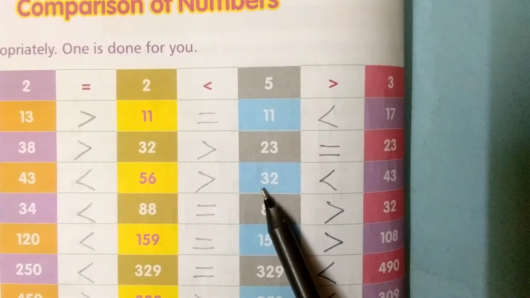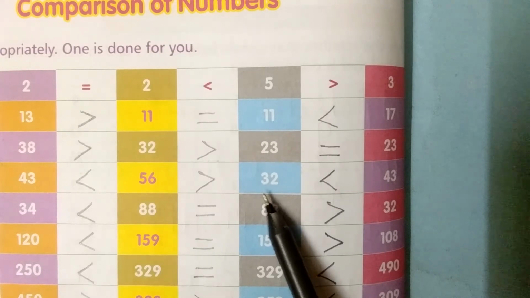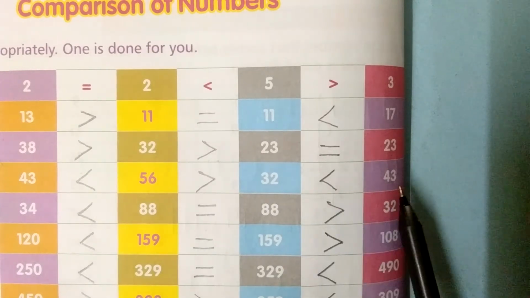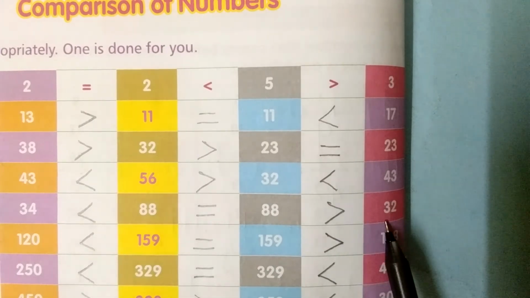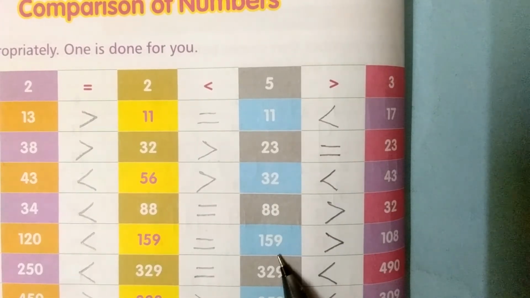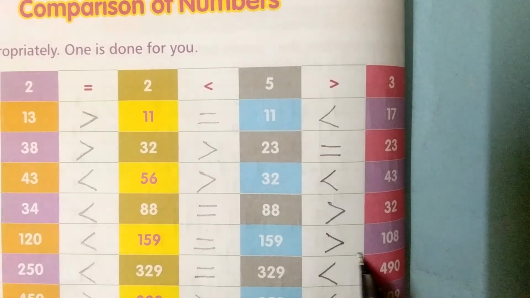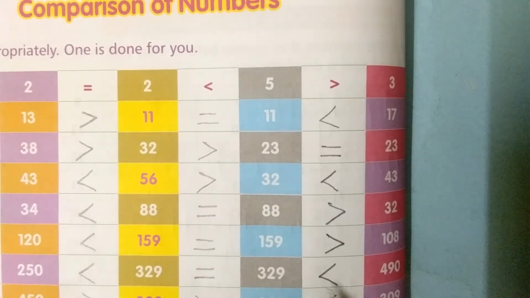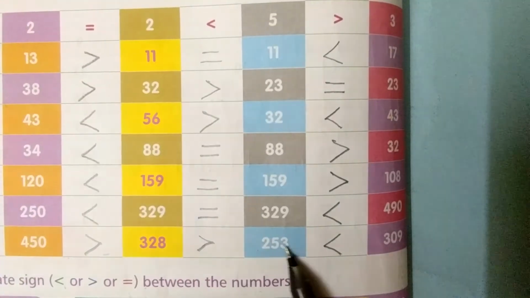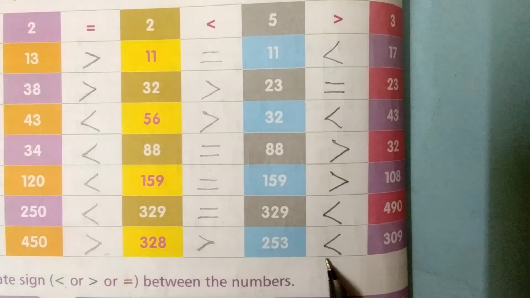So you have to tell the sentence like this: 32 is less than 43. 88 is greater than 32. 159 is greater than 108. 329 is less than 490. 253 is less than 309.